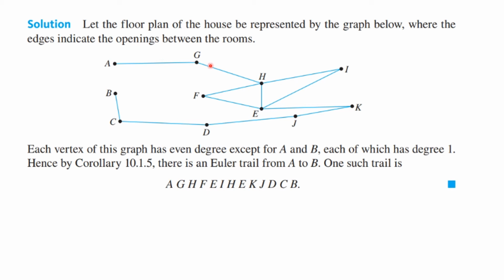We go from A to G to H to F to E to I, back to H again, back to E again, to K, J, D, C, and B. So that works, and that's what you should have found.